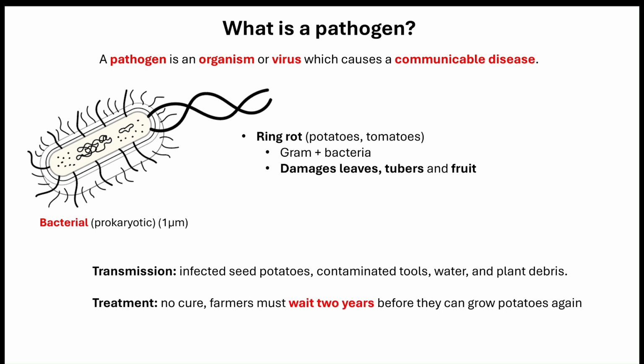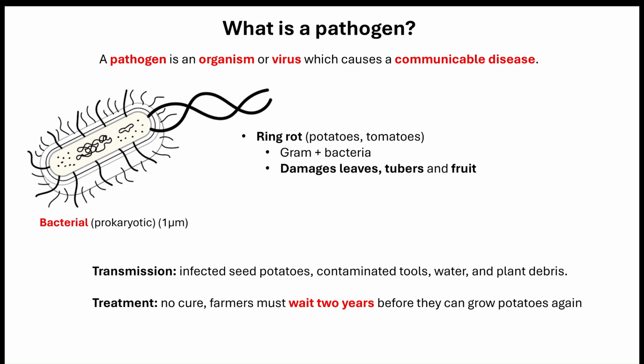So if we're going to treat it, there is no cure. What the farmer must do is remove the infected plants, remove all parts of the infected plant, and they must wait 2 years before they can grow the potatoes again. And that is because of contamination in the soil.